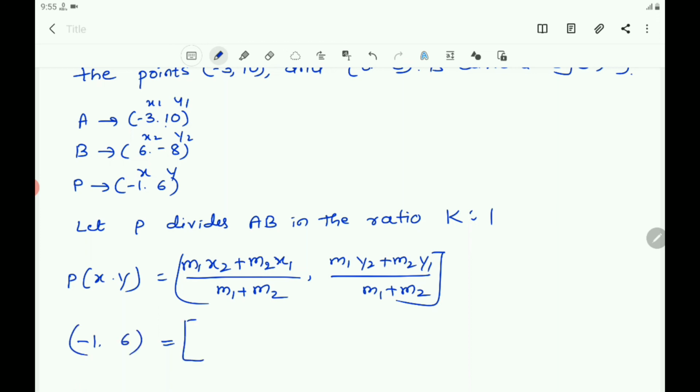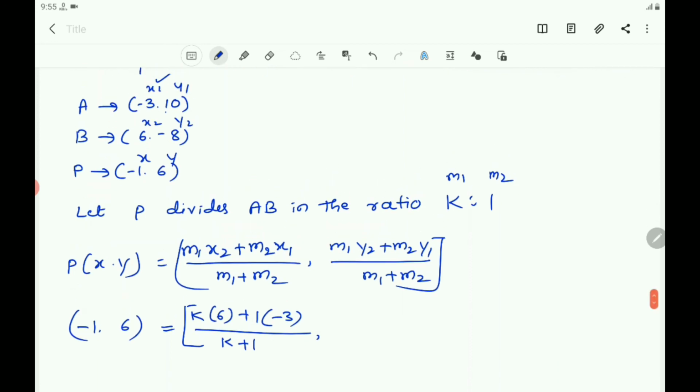Then you write M1, this is M1, this is M2. You have taken M1 as K, so you write K into x2, that is 6, plus M2 is 1, x1 is minus 3. See there, x1 is minus 3. Then by M1 plus M2, that means K plus 1.